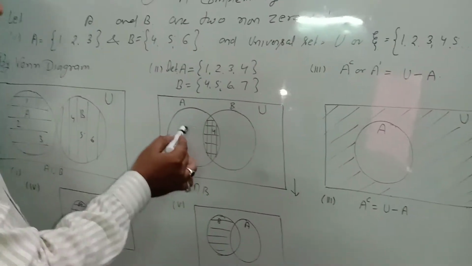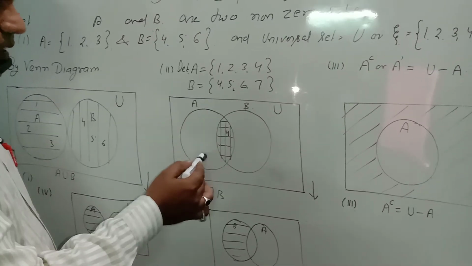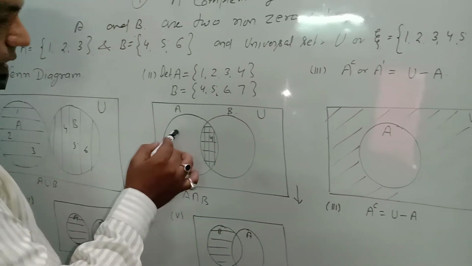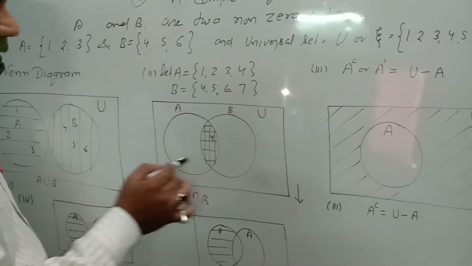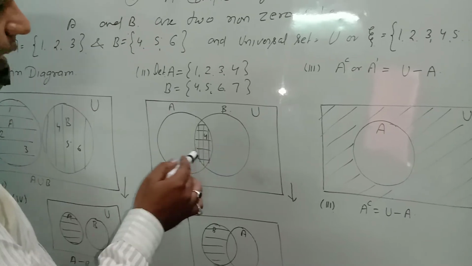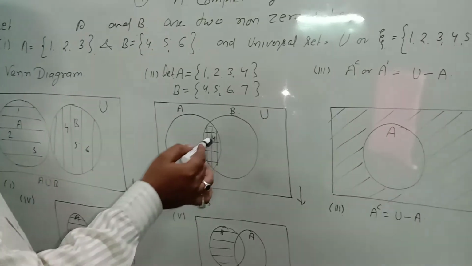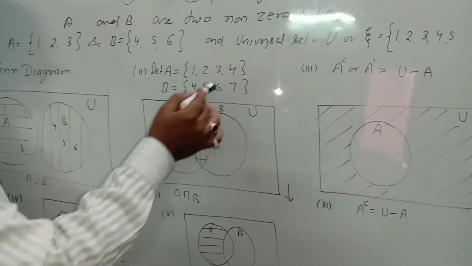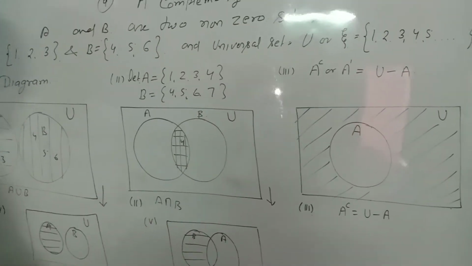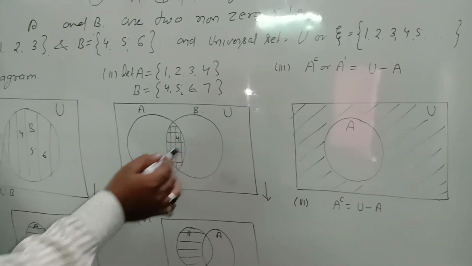Set A has some part left and set B has some part left, and the common part of the two sets is 4. Then these two sets overlap each other at 4. Then A intersection B is this type of diagram.